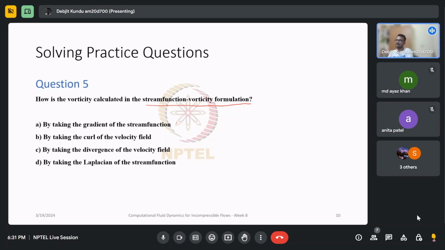So mathematically, I'll write down each of these options: by taking the gradient of the stream function, by taking the curl of the velocity field, by taking the divergence of the velocity, or by taking the Laplacian of the stream function.